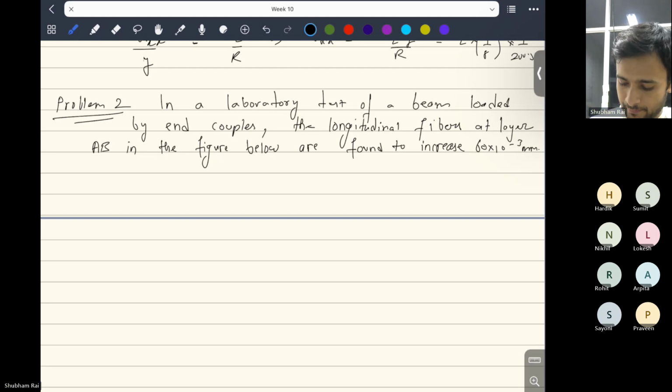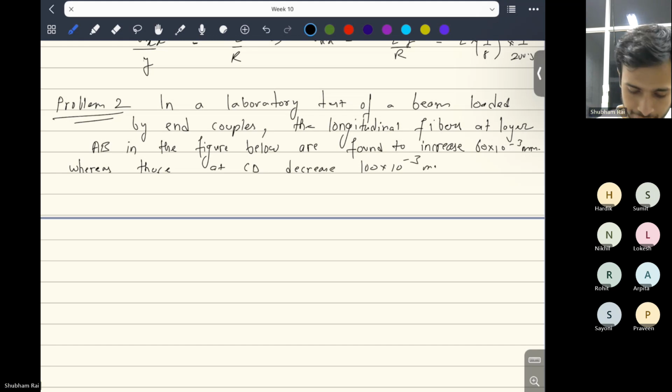Whereas those at CD, I'll show where this AB and CD will be, so these decrease 100 times 10 to the power minus 3 mm in the 200 mm.